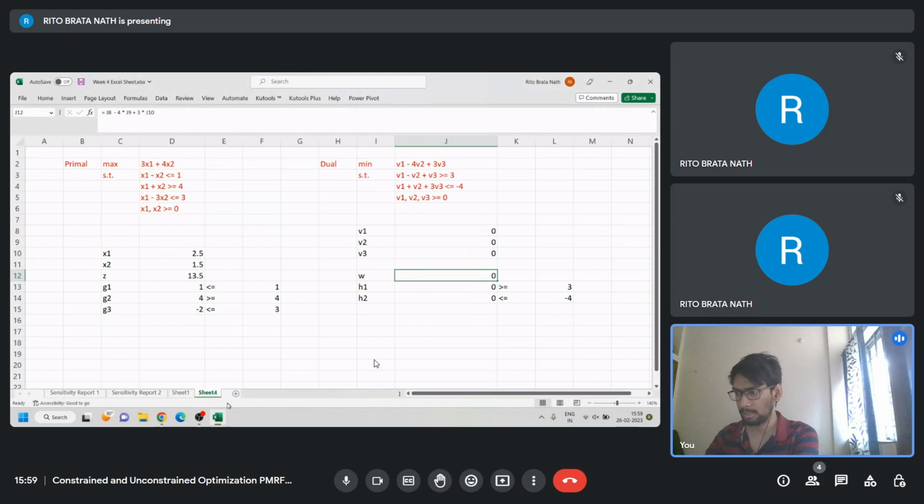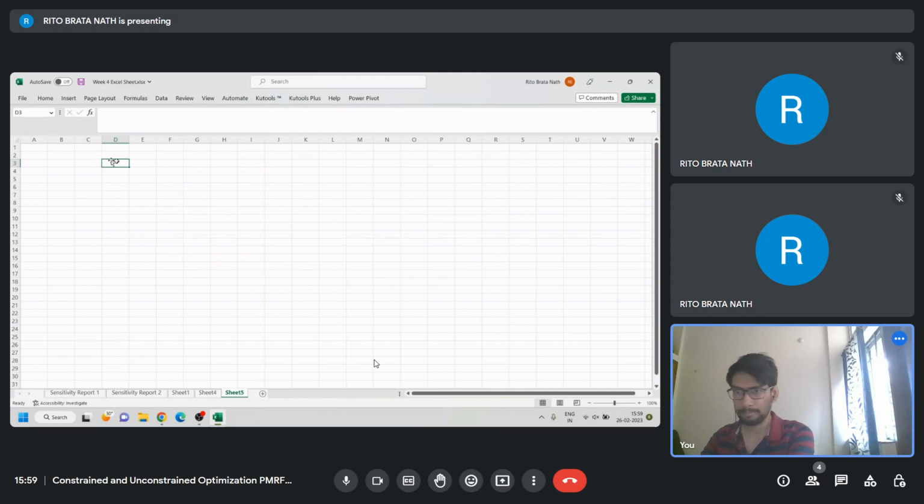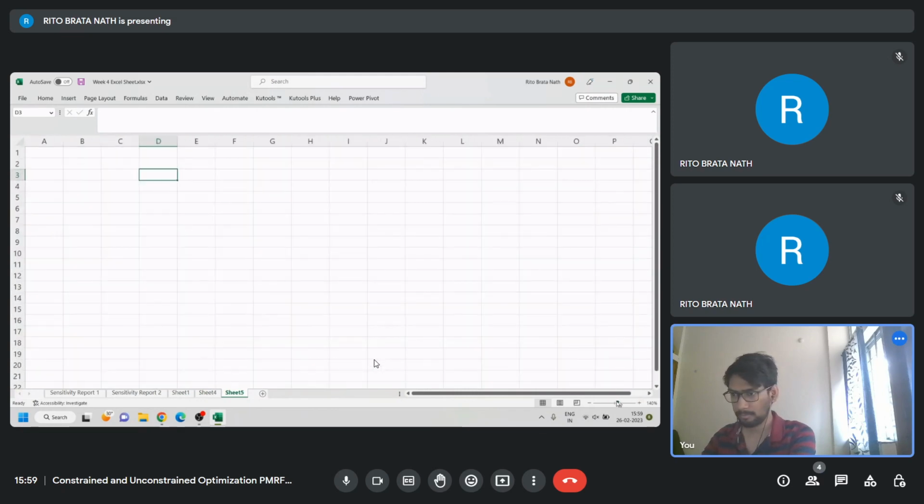Okay, so let me open another sheet. Okay, so the problem is now, yeah, is the screen visible? Okay, yeah, it's visible. So it's 5x1 minus 2x2 plus 3x3.